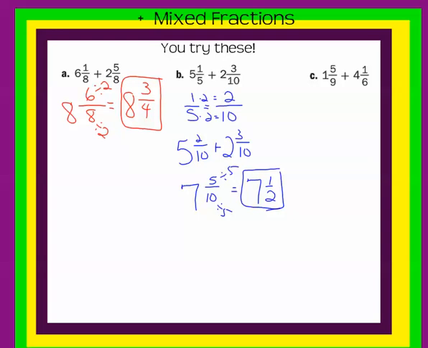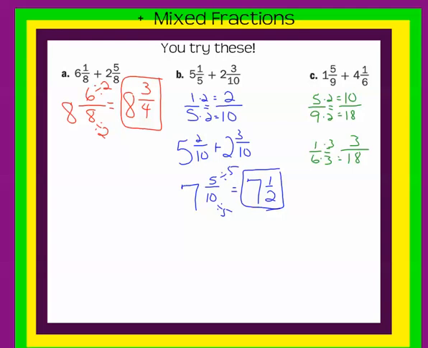All right, your third try it puzzle did not have a common denominator available, so we need to find the common multiple of 9 and 6, which would be 18. So 5/9 is the same as 10/18, and 1/6 is the same as 3/18.